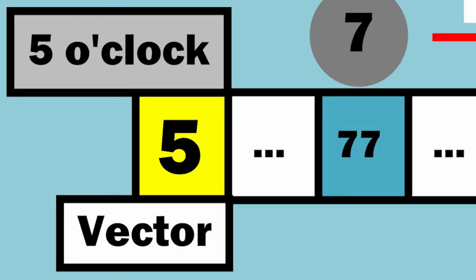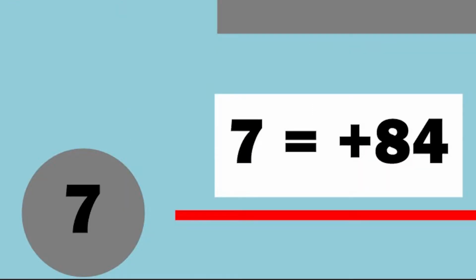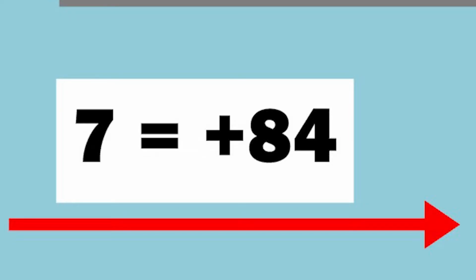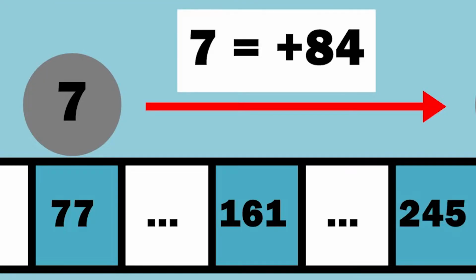Now let's look at 5 o'clock, also known as vector 5. At 5 o'clock, we're going to look at the prime number 7. It first appears at 5 o'clock at 77, which is 7 times 11. 7 times 12 is equal to 84. So prime number 7 is equal to the prime expansion gap plus 84.